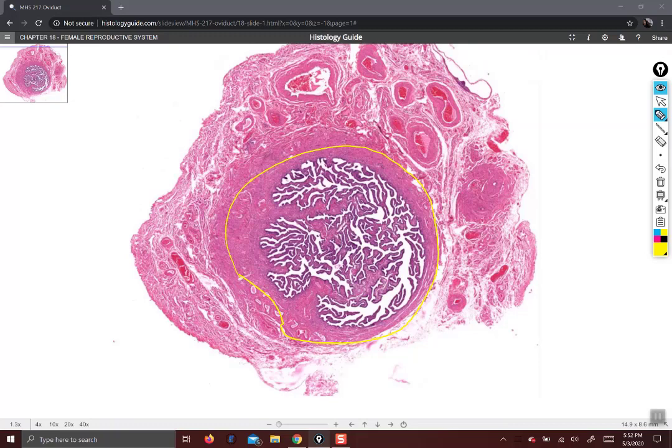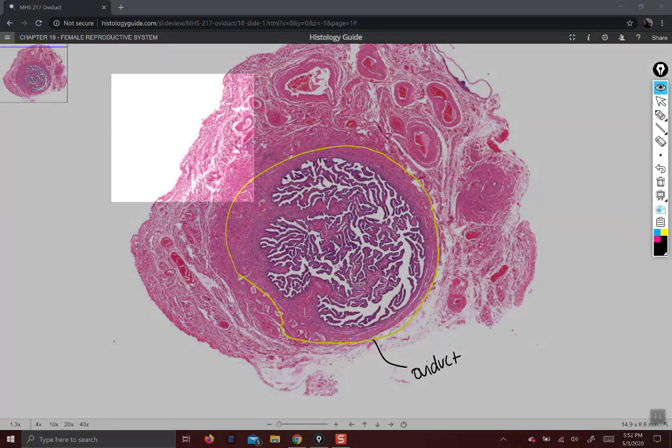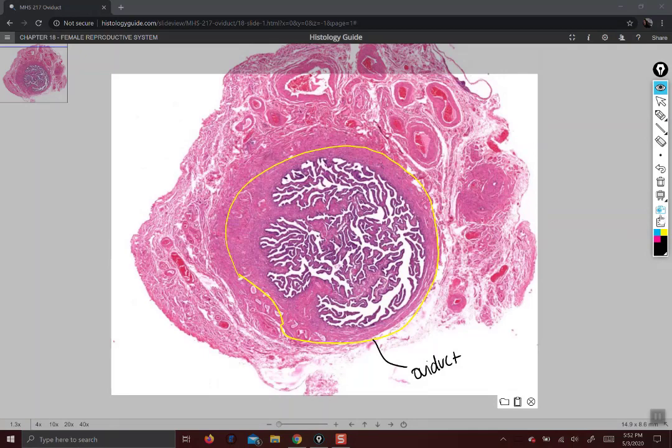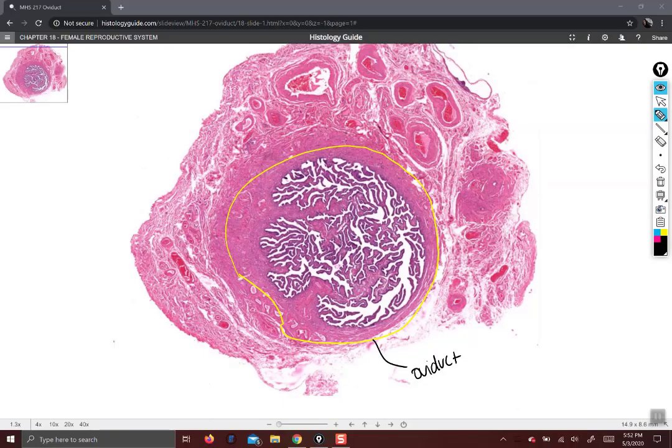So let's zoom in on the oviduct, but first I'll label it. All right, zooming on in.